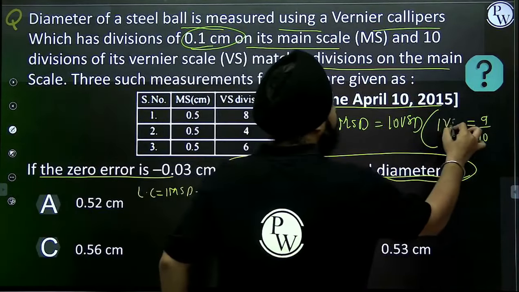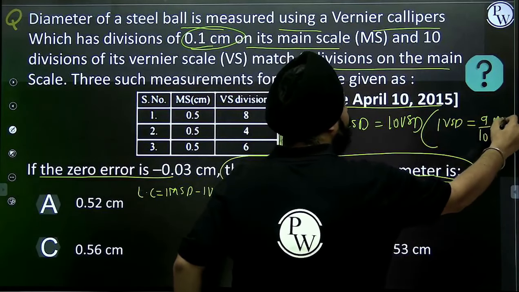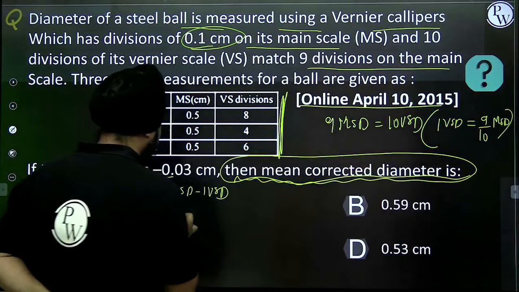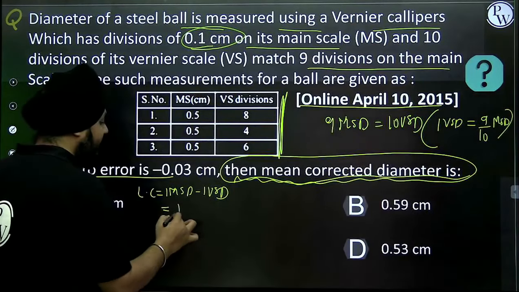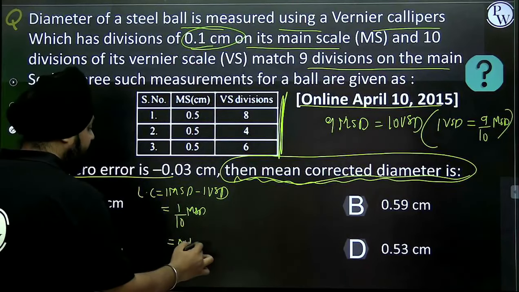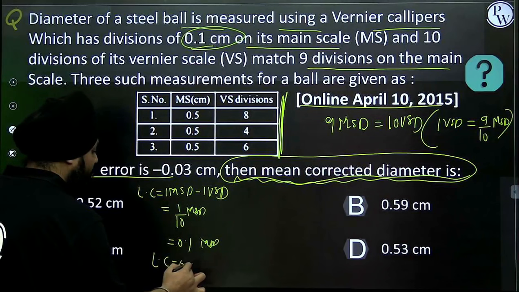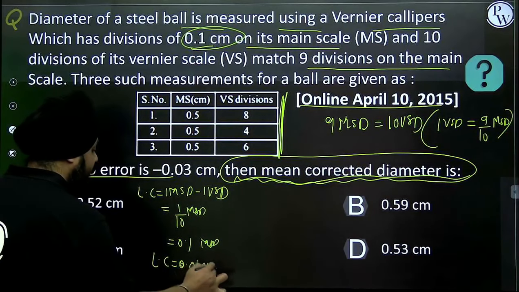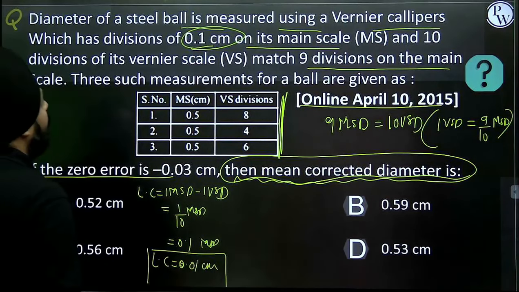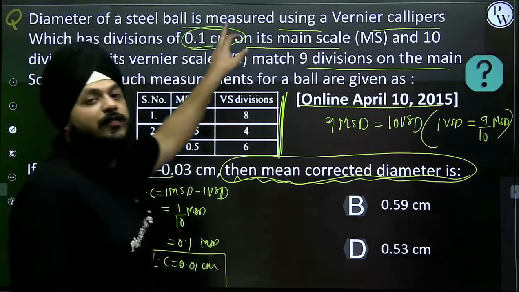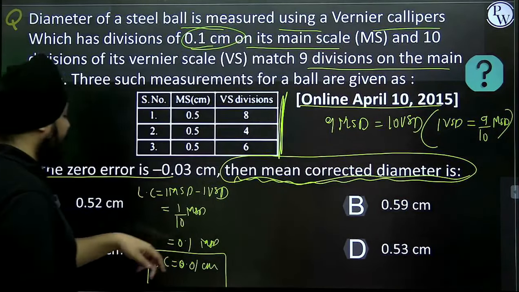Replacing here, we get least count as 1 by 10 of MSD, that is 0.01 centimeter, because one main scale division is 0.1 centimeter.